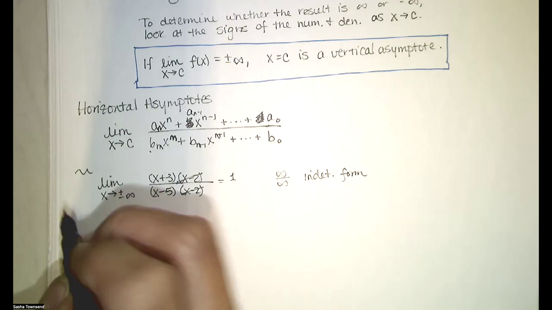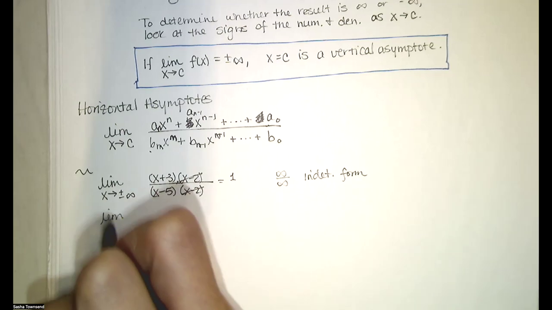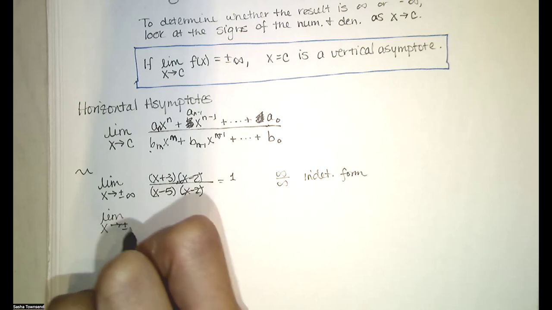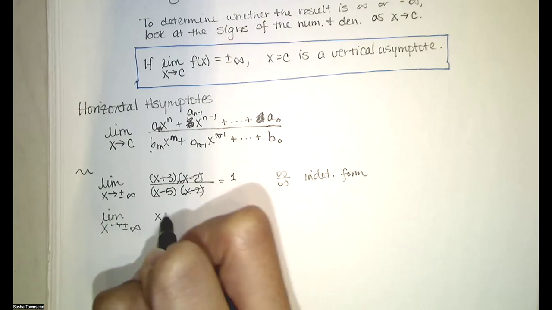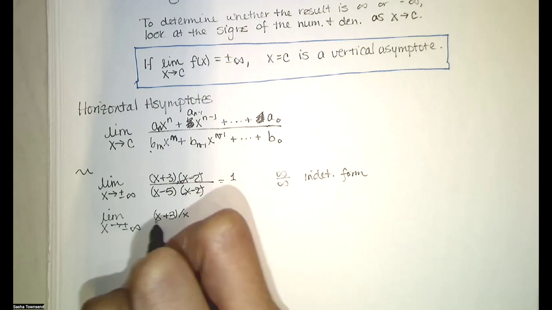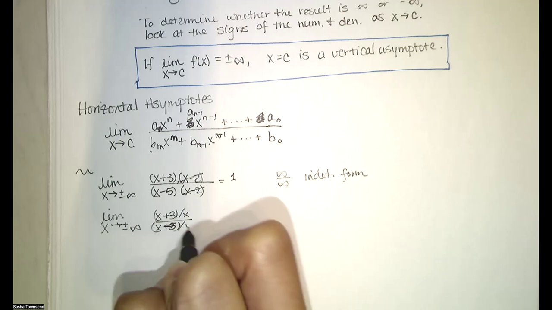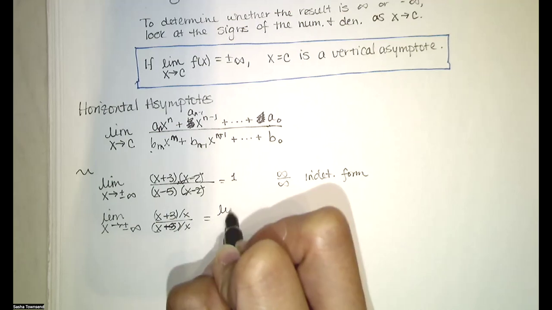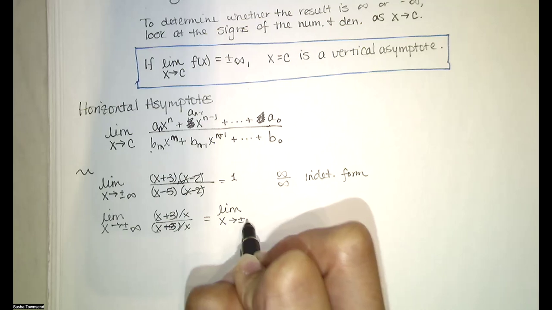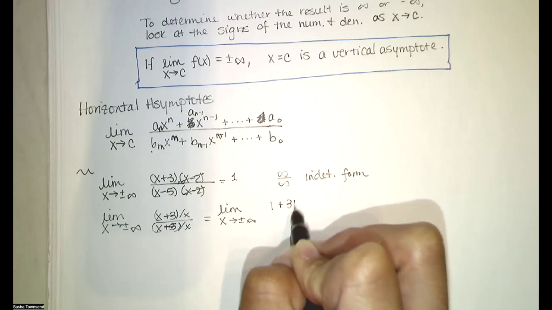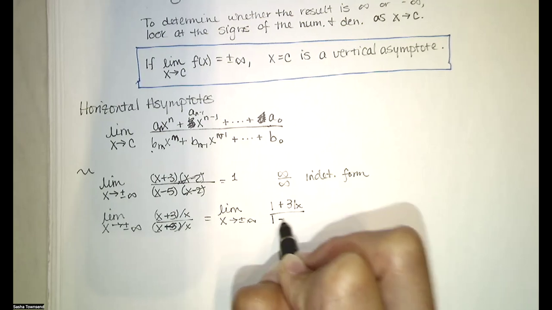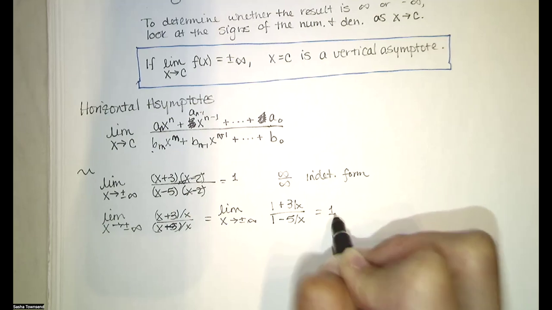But if we divide the numerator and denominator by x, we can get rid of that indeterminate form. I know we've already done this. So the limit as x goes to plus or minus infinity of 1 plus 3 over x divided by 1 minus 5 over x, and we just get 1.